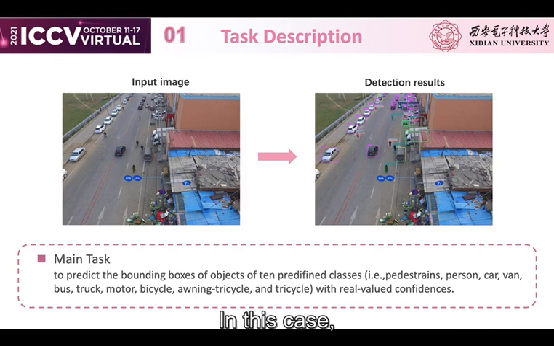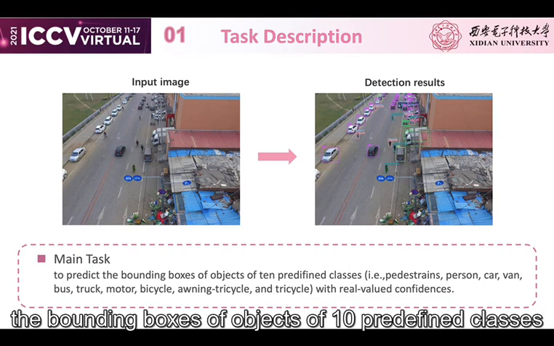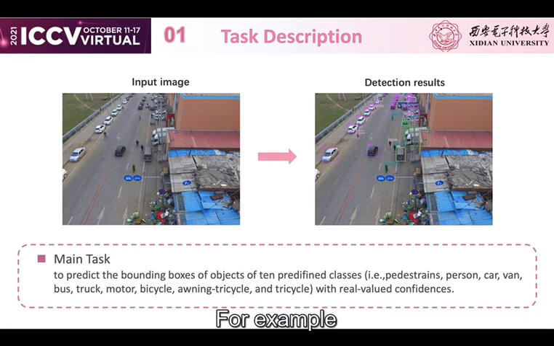In this case, the main task is to predict the bounding boxes of objects of 10 predefined classes. For example, pedestrians, person, car, van, bus, truck, motor, bicycle, all-in tricycle, and tricycle.